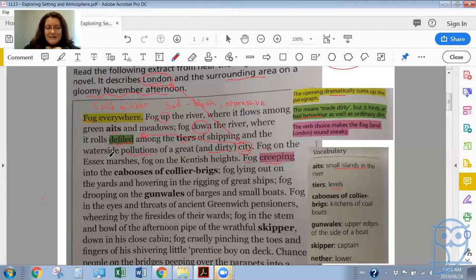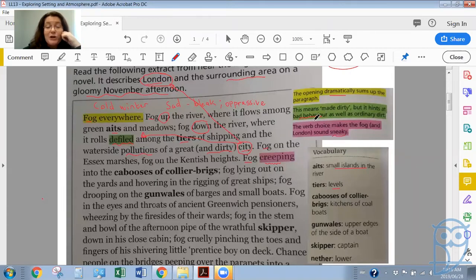So fog on the Essex marshes, there's a marshy area in the county of Essex. There's fog on the Kentish Heights, where the land that lies in Kent is a bit higher. So it's up and down again, up and down the river, up and down the landscape. Fog creeping, and that's where that idea of something being sneaky comes in.